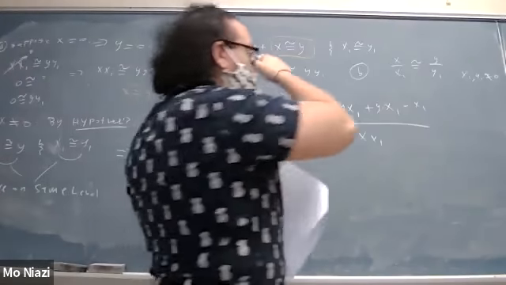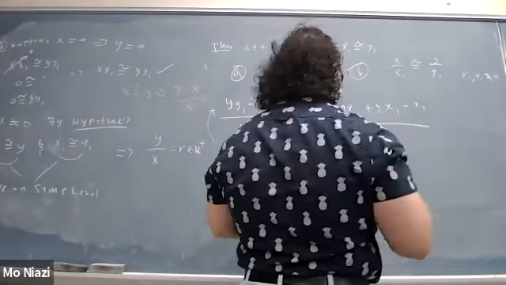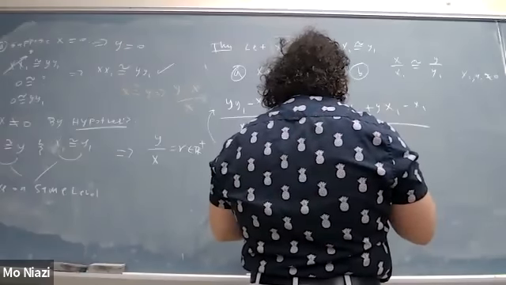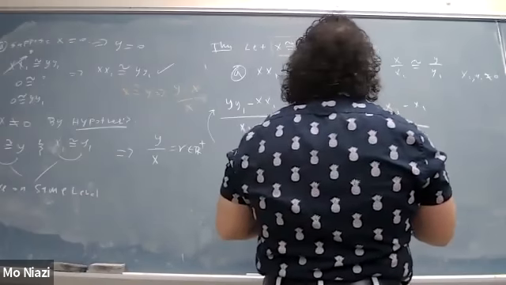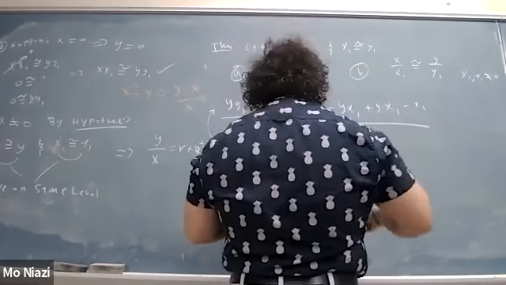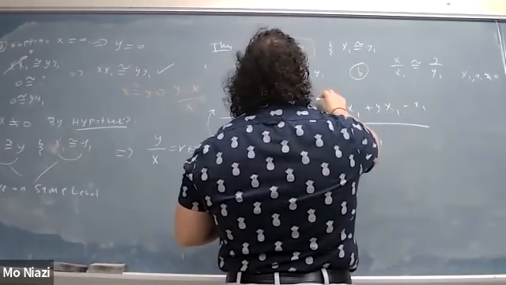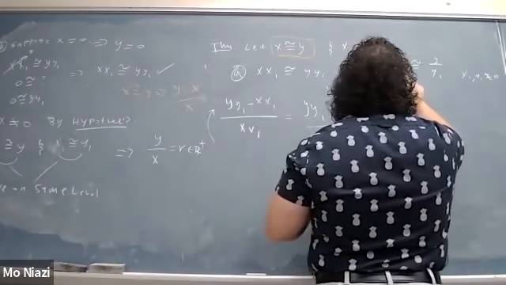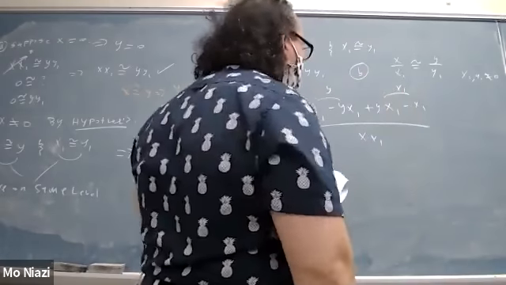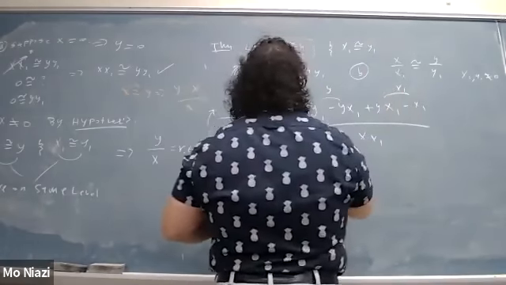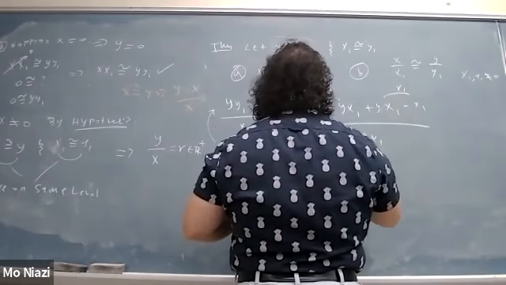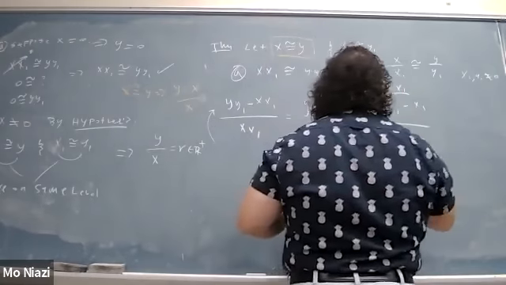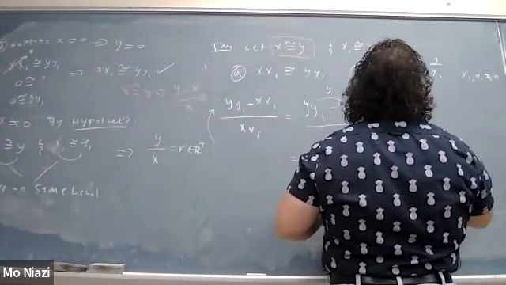So what happens if we factor something special out of these guys? Let's say I want to factor out a y. Okay, what if I want to factor out a y from these guys? And what if I want to factor out an x1 out of these guys? So what does that give us? That gives us y times y1 minus x1 plus x1 times y minus 1.